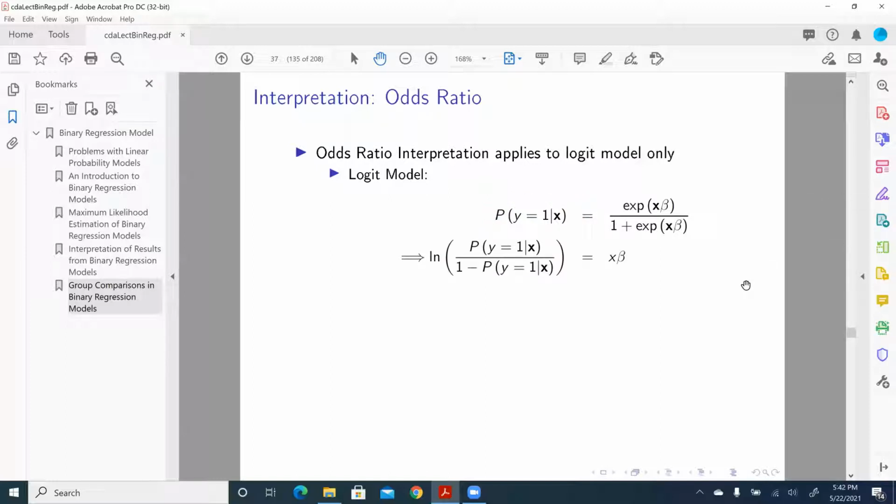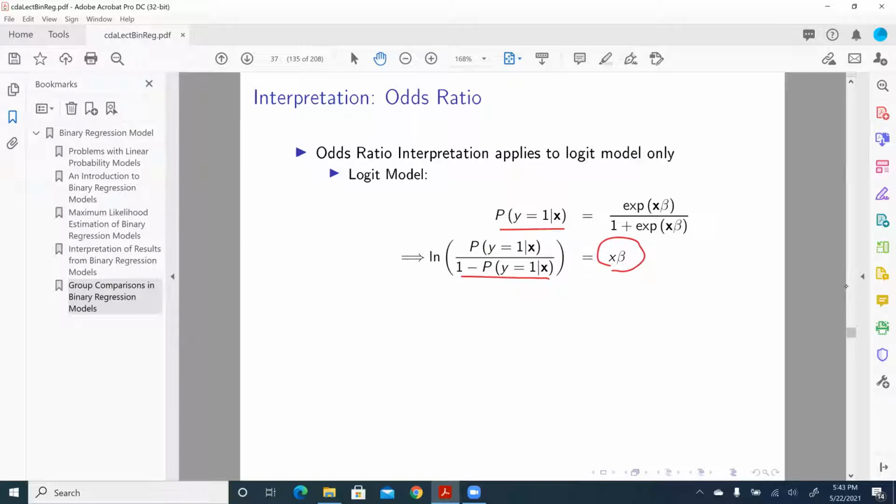And with very simple algebraic rearrangement, we can express x beta in terms of probability, like that. So the first equation here expresses probability in terms of x beta: the exponential function of x beta over 1 plus the exponential of x beta.